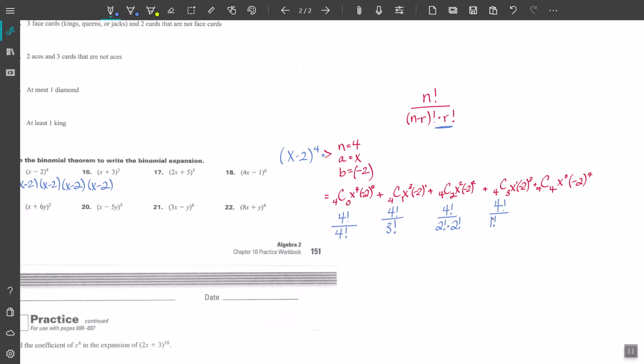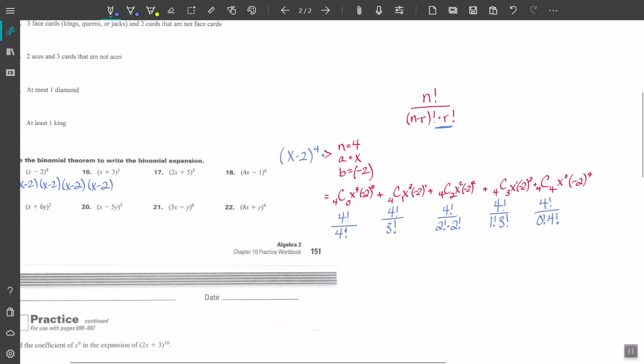Technically, I don't really need to write that in either. And then that will be times 3 factorial. All right, and then last one, 4 factorial over 4 minus 4 factorial. Again, that's going to be 0 factorial, which will be 1. And then times the R value of 4 factorial here.